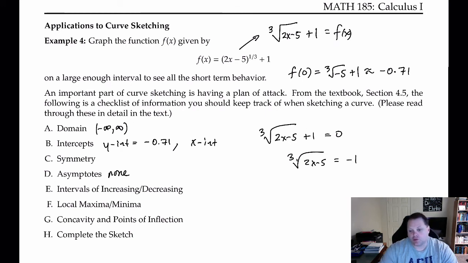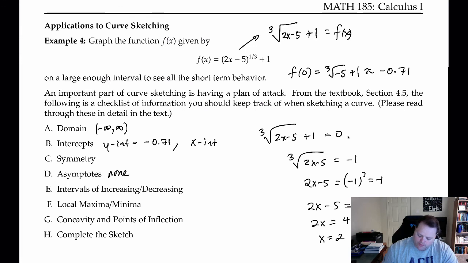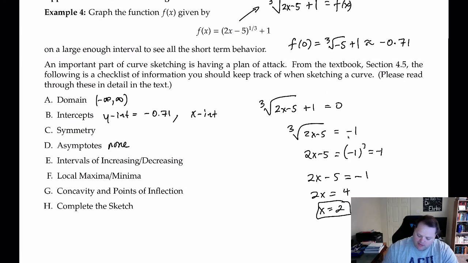To undo the cube root, you cube both sides. So if I cube both sides, -1 cubed is still -1. So 2x minus 5 equals -1. 2x equals, let's see, add 5 over, that's 4. So x is 2. So it looks like we have an x-intercept at x equal to 2.